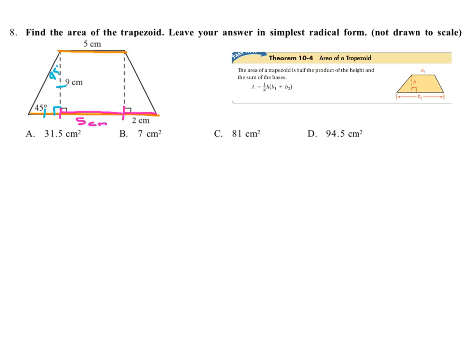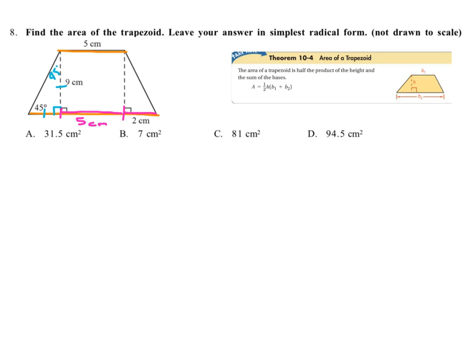It's isosceles. So if that length from top to bottom here is 9, then even though it doesn't look like it, because remember in the instructions it says not drawn to scale, okay, but if this is 9 and this is a 45, 45, 90, this must be 9 as well.